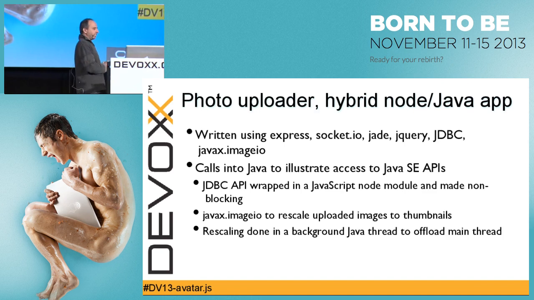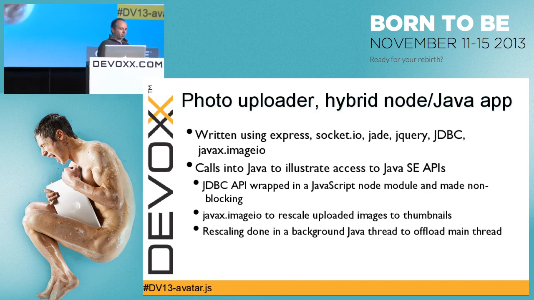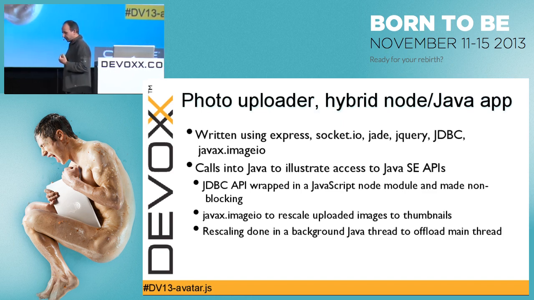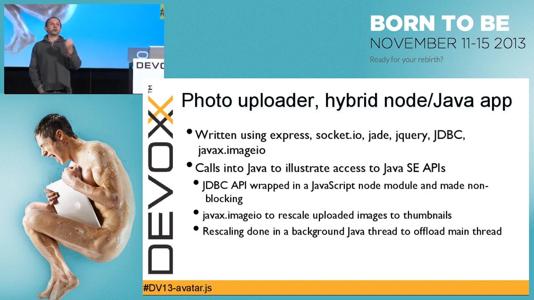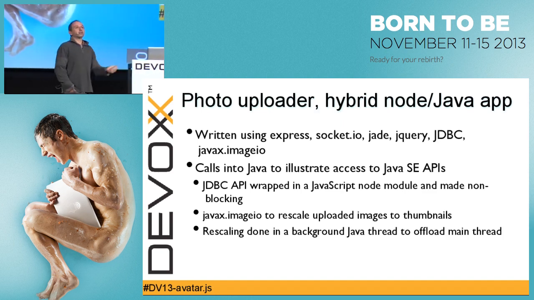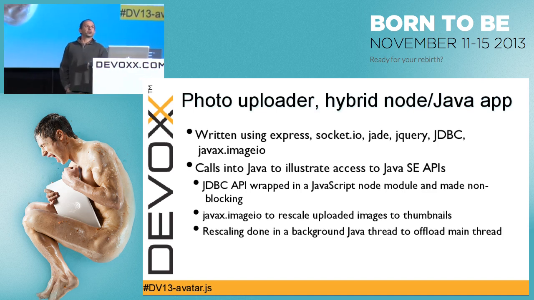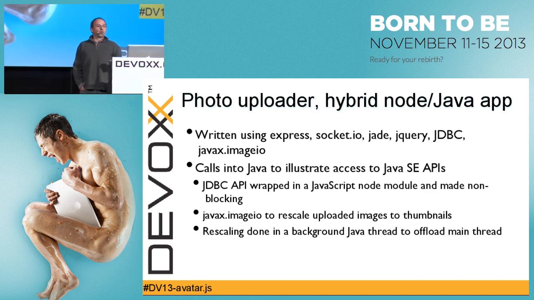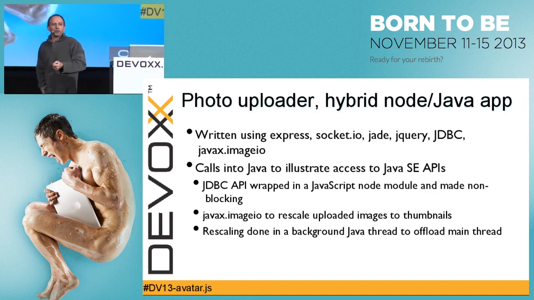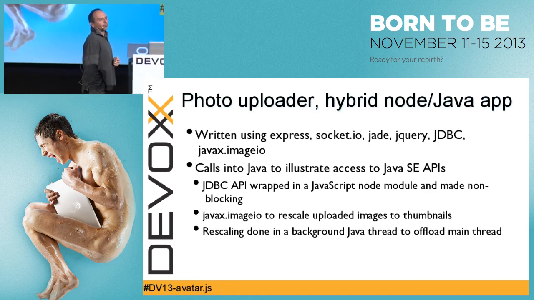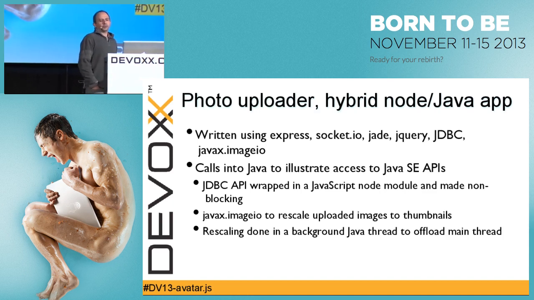And something that you already know when you are using JDBC APIs is that these APIs are synchronous. When you ask to connect to a database, you will be stopped until the connection is established. When you execute a query to the database, you will be waiting for the query to be executed.